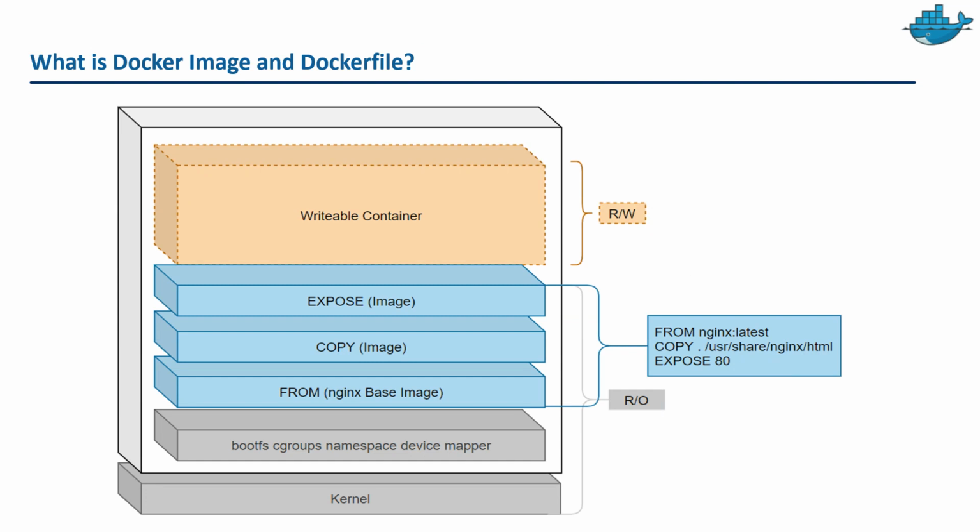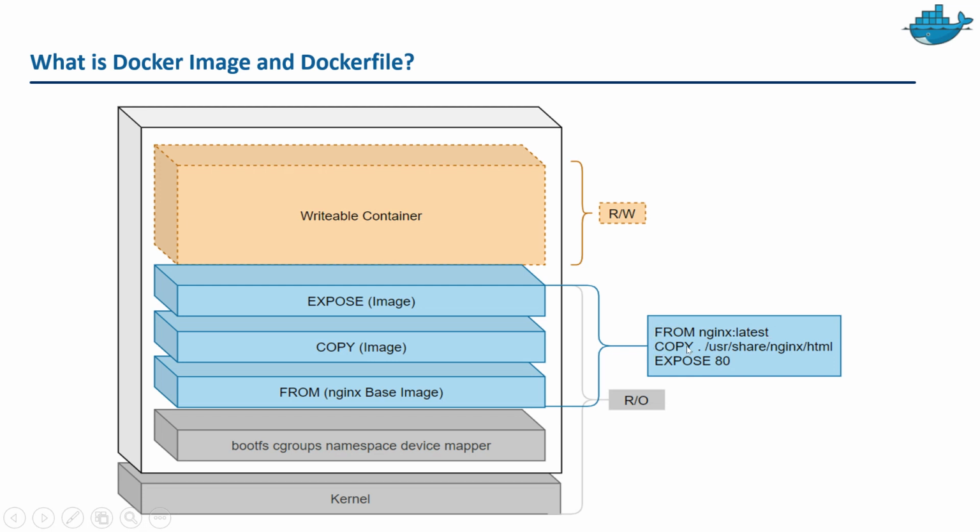Before understanding the Docker image, you have to understand the Dockerfile, which we covered in the previous lecture. We have just three lines in this Dockerfile. FROM nginx:latest is the base image.